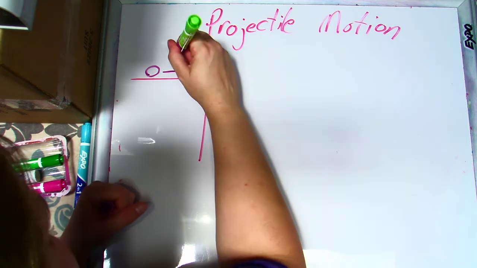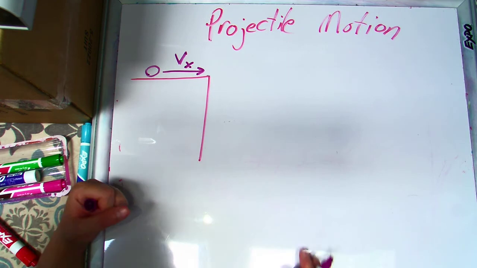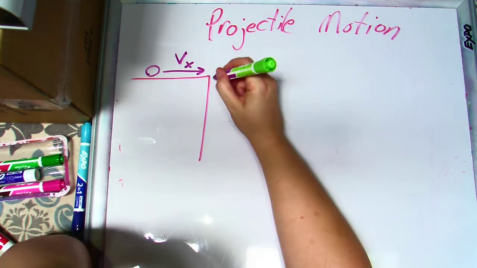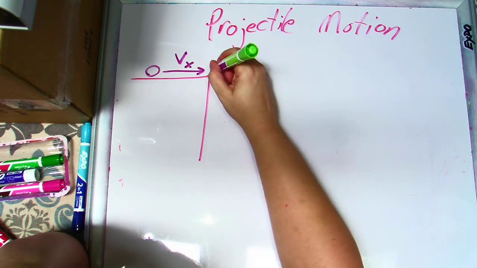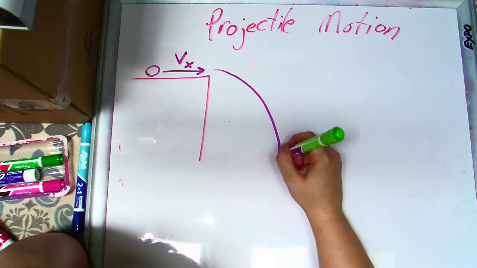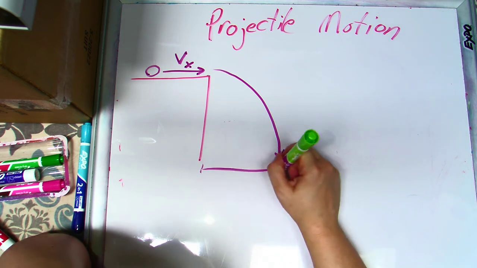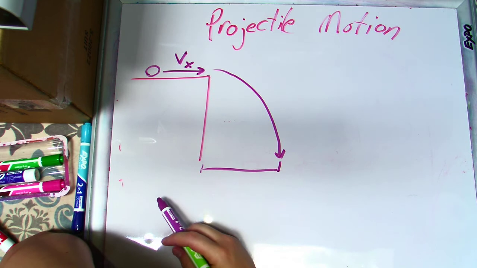Well, in this case, it has velocity in the x direction, which means when it reaches that end, it's not just going to go straight down, it's going to go whee! And it's going to end up a further distance away because of that initial horizontal velocity.